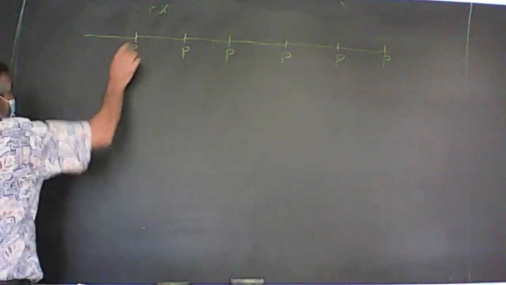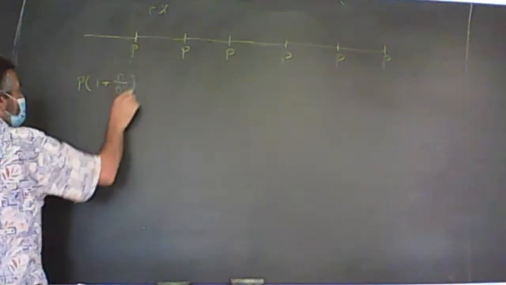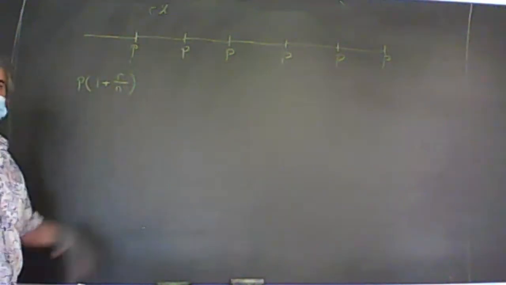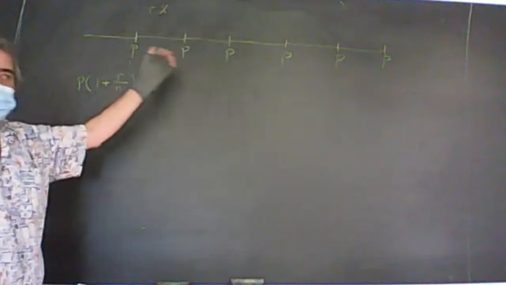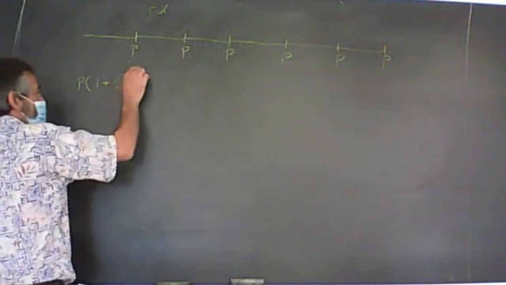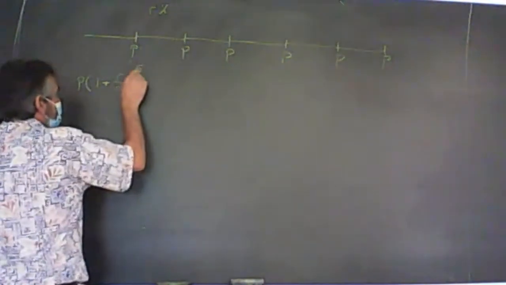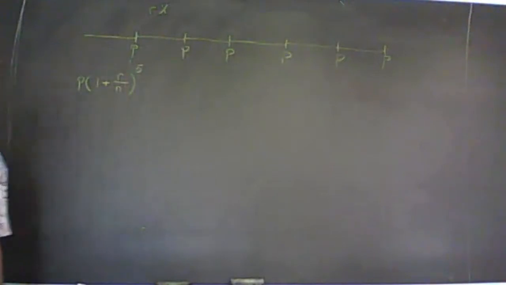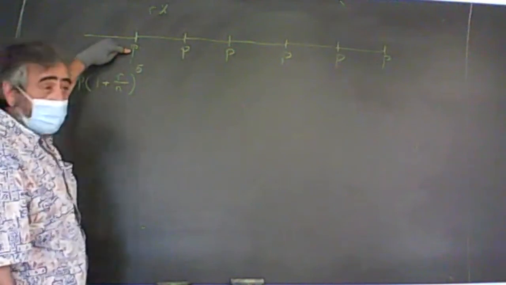So the future value for this amount is P times 1 plus R over N to the power, in this case, 5, because it stayed for 5 periods. Remember, the exponent is always the number of periods. So far, so good? So that's the future value of this money.